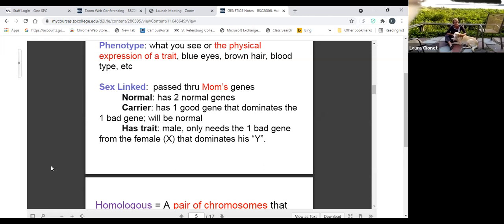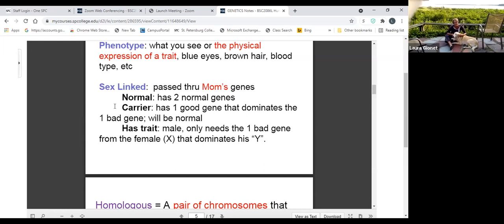So even though her genotype is heterozygous for X, carrying the color blindness chromosome, phenotypically, her physical presentation is going to be that she's normal. But she's capable of carrying it on to her offspring.